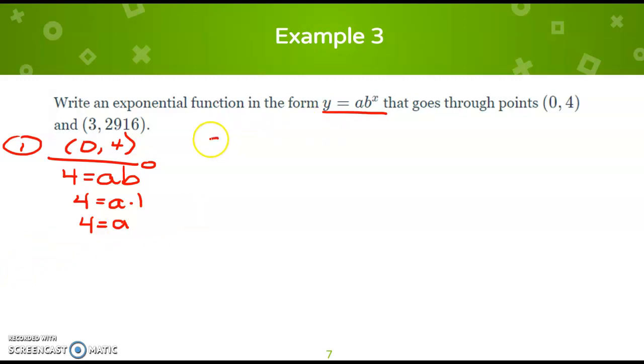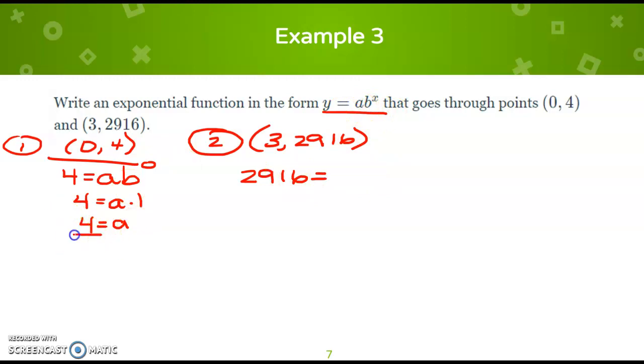Okay, step 2 is I need to use the next point to find out what B is. Let's just write down my point, (3, 2,916). I've got my y, 2,916 equals A. Do I know what A is? Yeah, I do, because I found it in my first step. I don't know what B is yet, and then x is 3. So now I want to solve this.